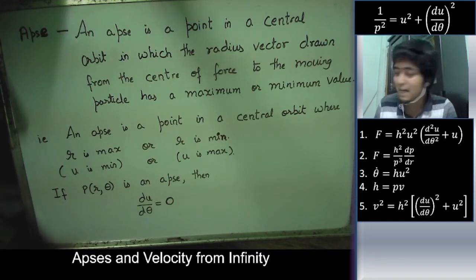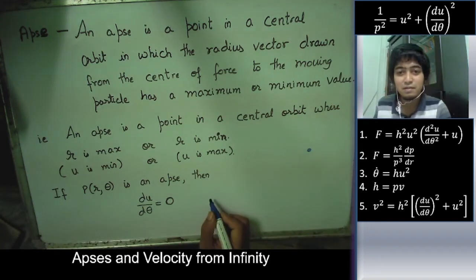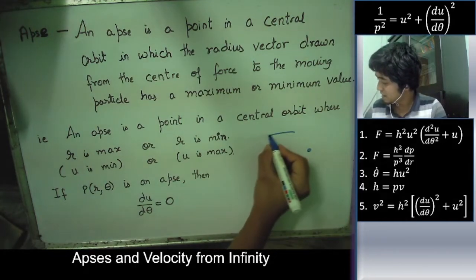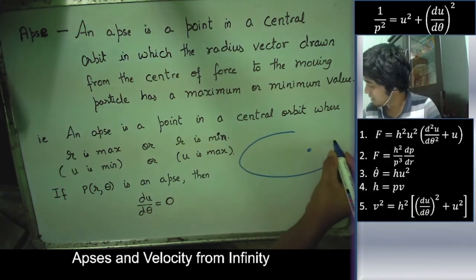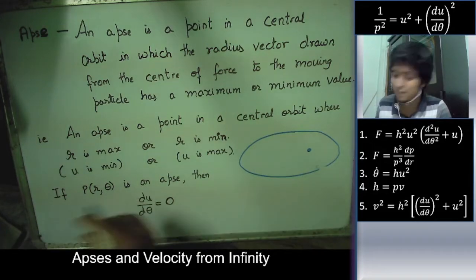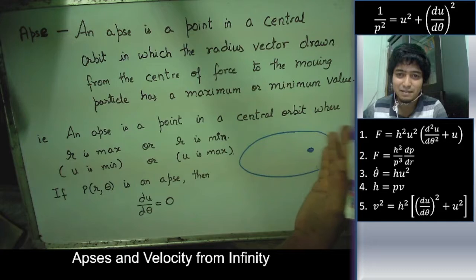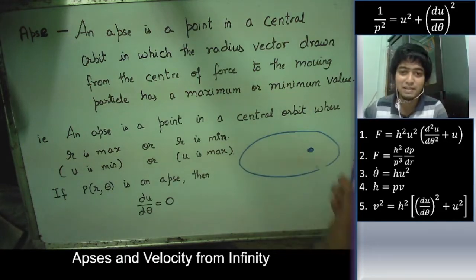So what that is saying is, suppose this one is the center of force, and suppose a particle is moving in an elliptical orbit like this. It can be any shape, but let us just take it to be elliptical. The force is present over here, and the particle is moving in this way.